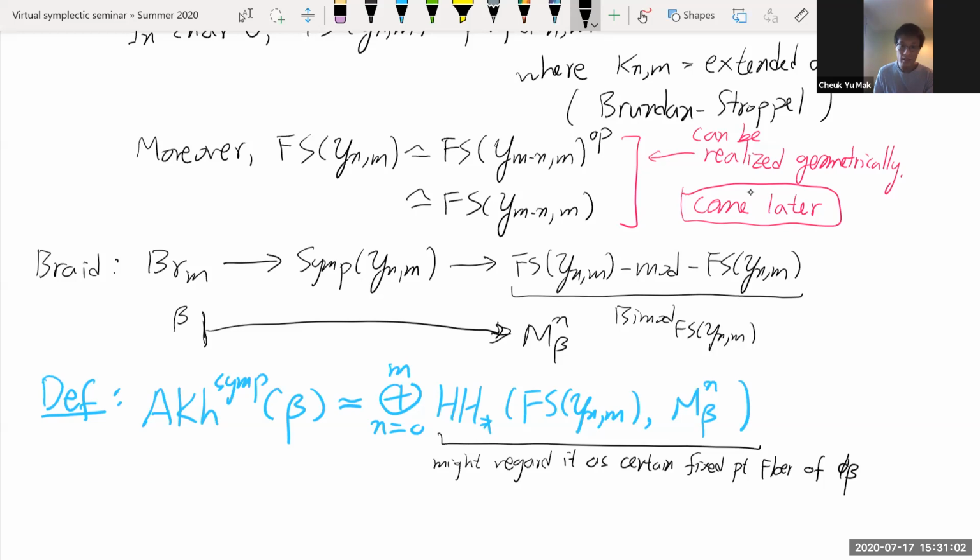And then this direct sum is like, if you regard the YNMs as symmetric products, although they are not symmetric products, but they are closely related to symmetric products. Then this direct sum is taking the direct sum of the fixed point Floer homology of some symplectomorphism with respect to all symmetric products. So it looks vaguely similar to the periodic Floer homology in some sense.